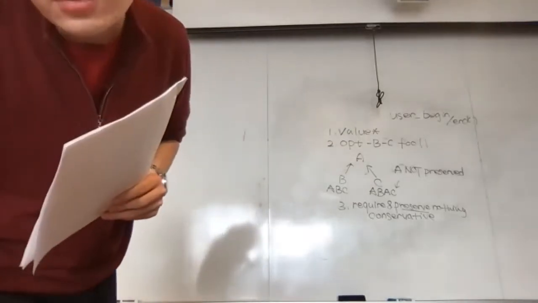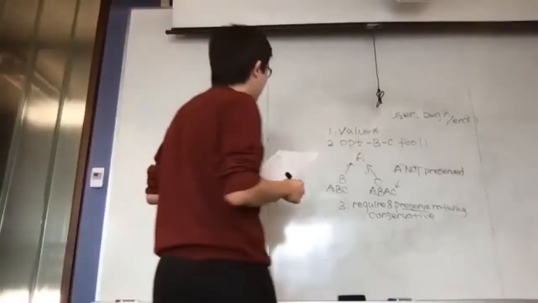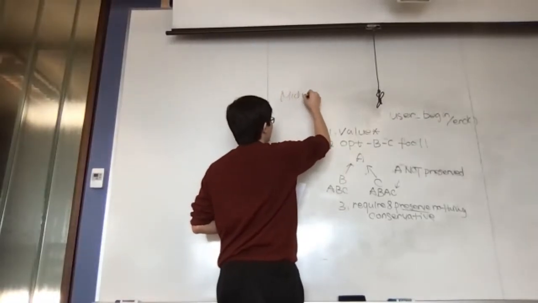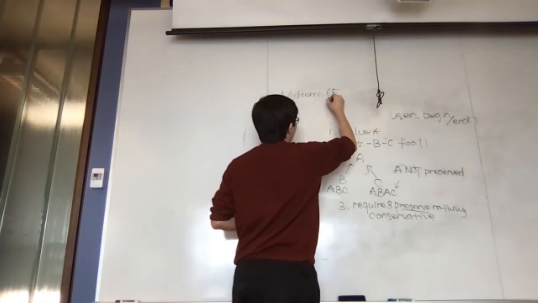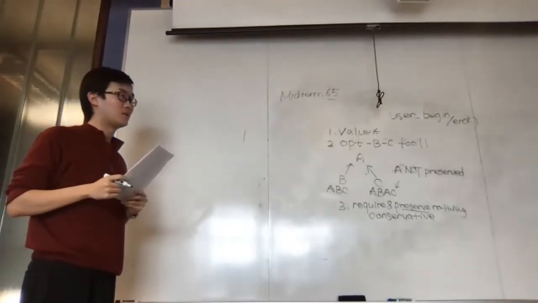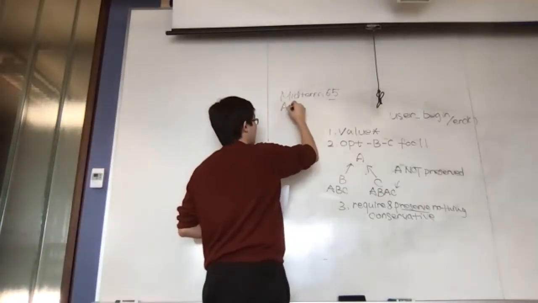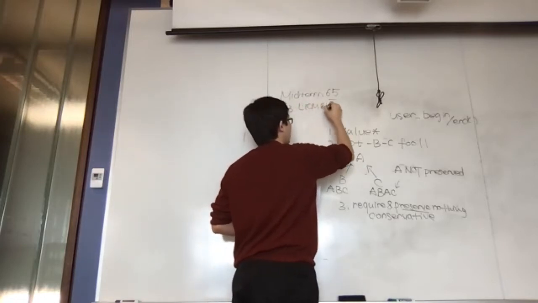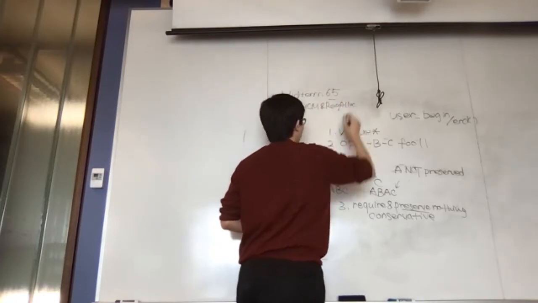To answer your question, previously we announced that the midterm average is 65, and we have assignment 2 due tonight, and assignment 3 will be released next Monday. It will be on loop invariant code motion and register allocation, LICM and register allocation.